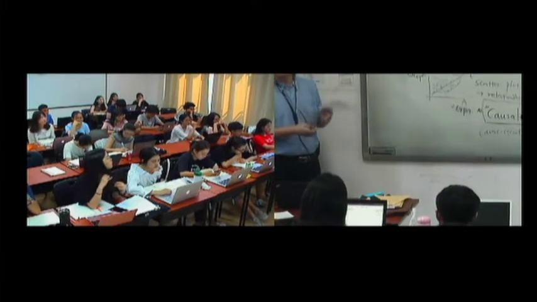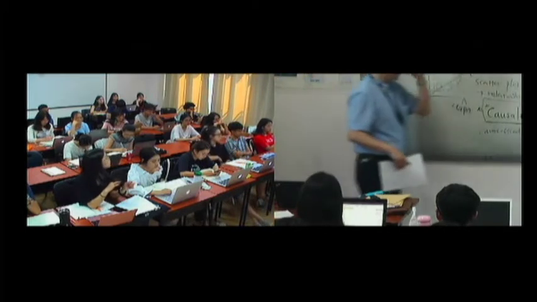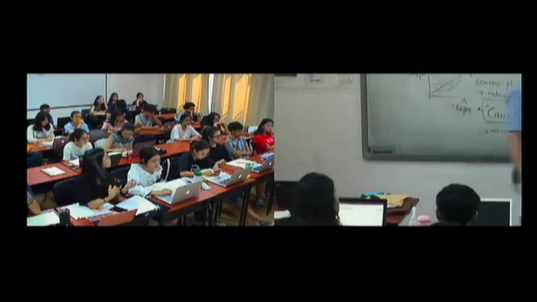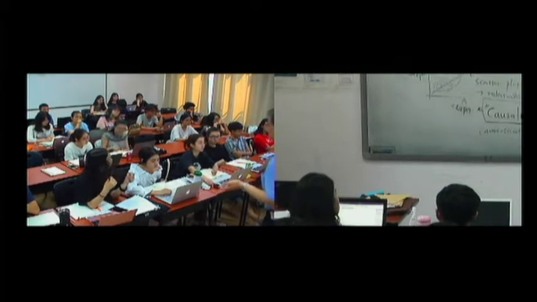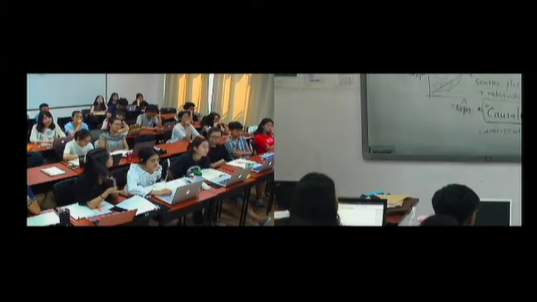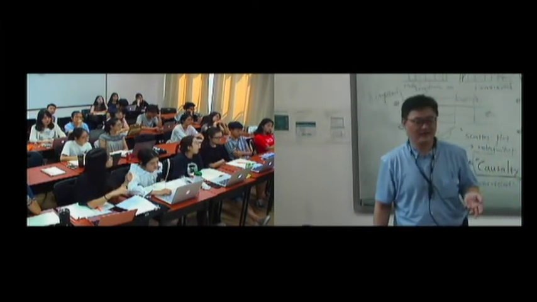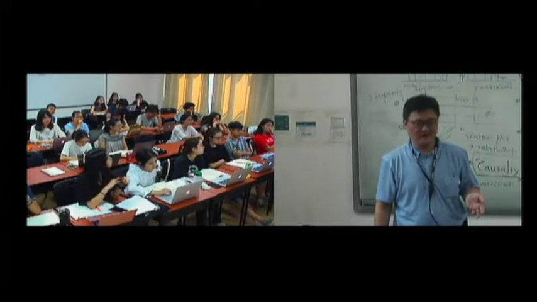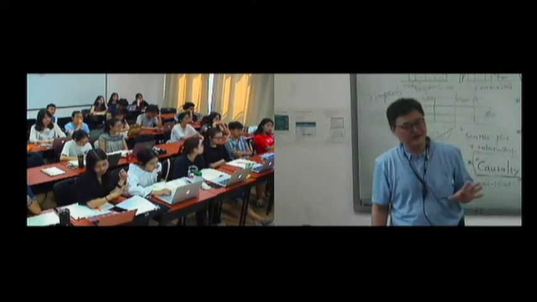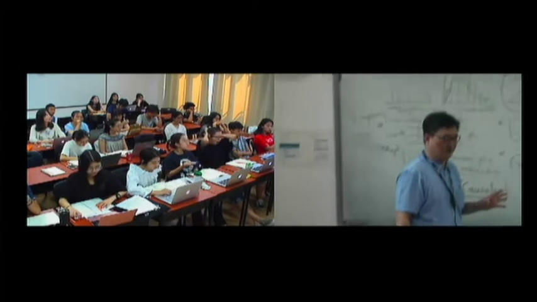Many times the researchers just report, I found a very interesting relationship between two variables. When you take more vitamin D, and the cancer is decreasing, so we must take more vitamin C. Can we say that? No, not yet. We need a lot of effort to prove that.